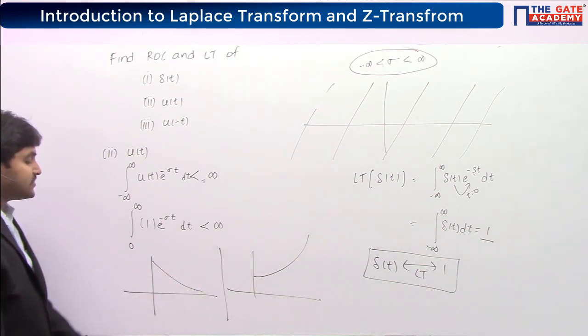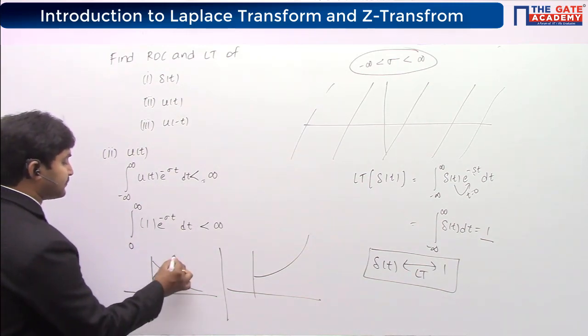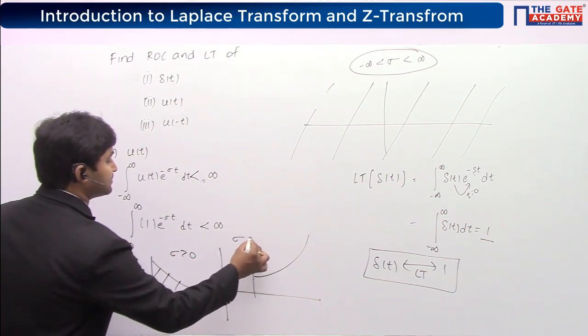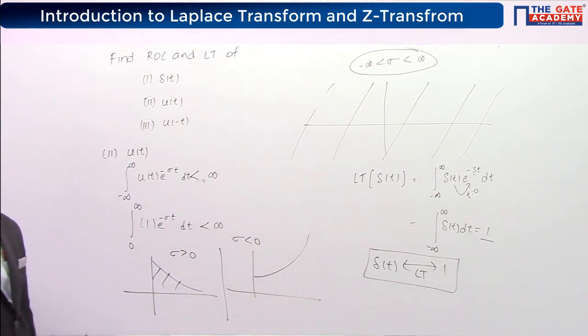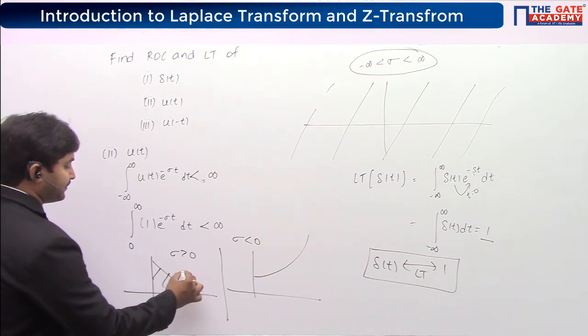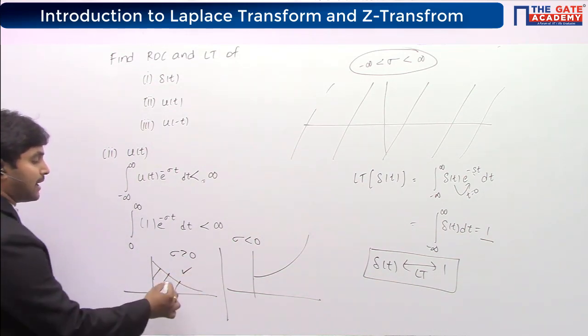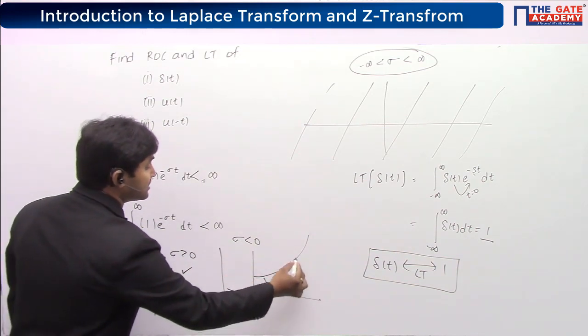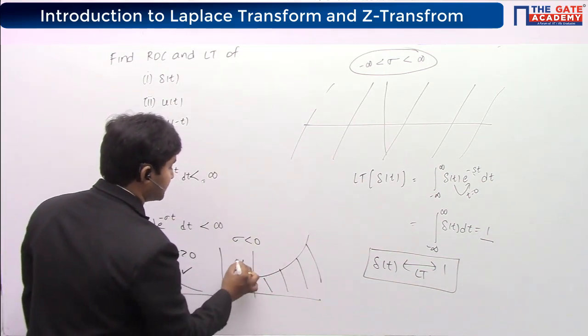Now if you integrate from 0 to infinity, this is for sigma greater than 0 and this is for sigma less than 0. If I consider this part, it is absolutely integrable, but if I consider this part, it is not absolutely integrable.